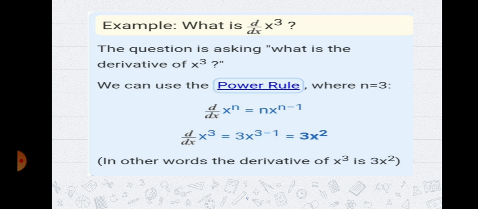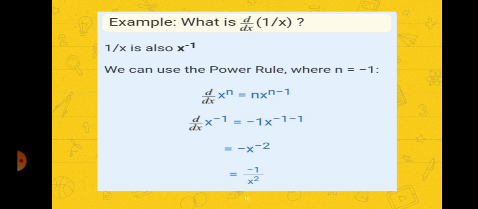So next, example number 2. What is d over dx of the quantity 1 over x? So 1 over x is also x to the power of -1. So we can use the power rule wherein n is equal to -1. So let us substitute the value of n, which is -1.